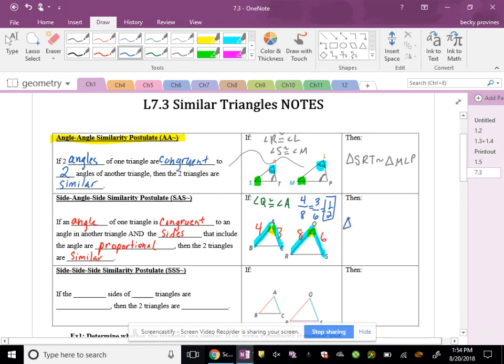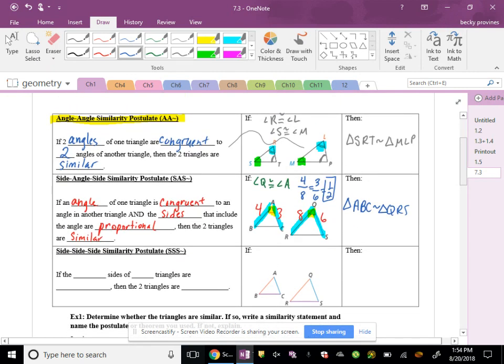So I'm able to write my similarity statement. Triangle ABC is similar to triangle QRS. Okay, so we have 2 ways so far. We have AA similarity and we have SAS similarity. And now we have SSS. So there's 3.